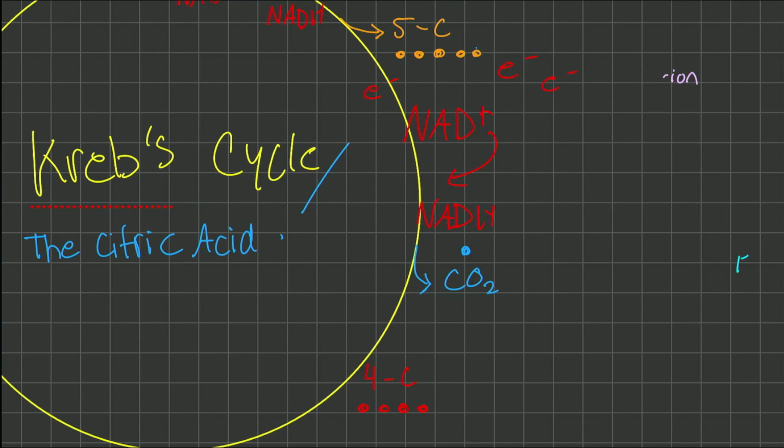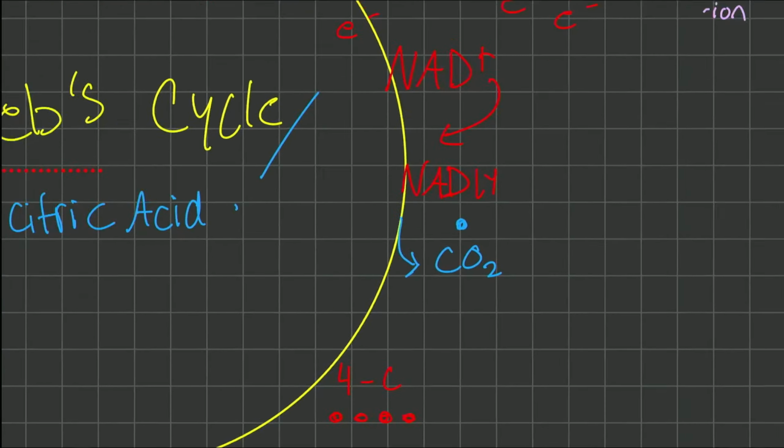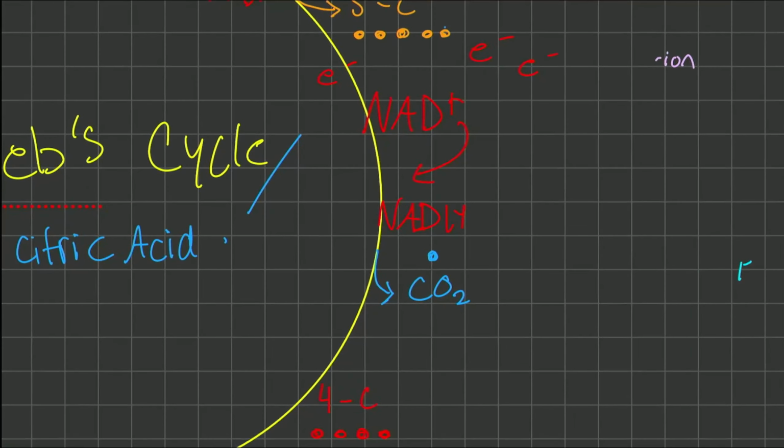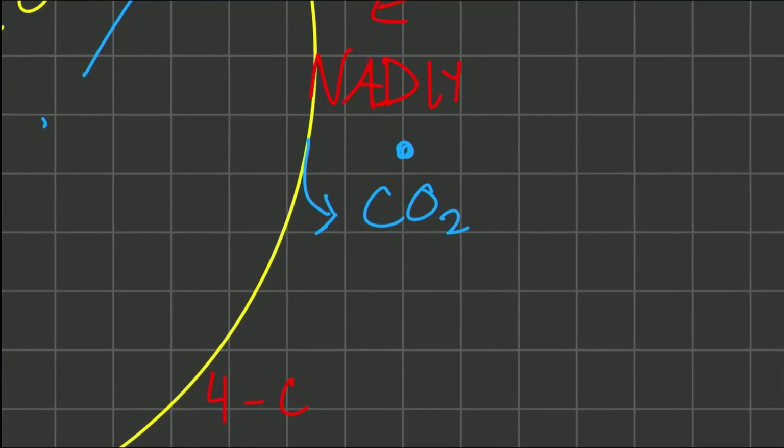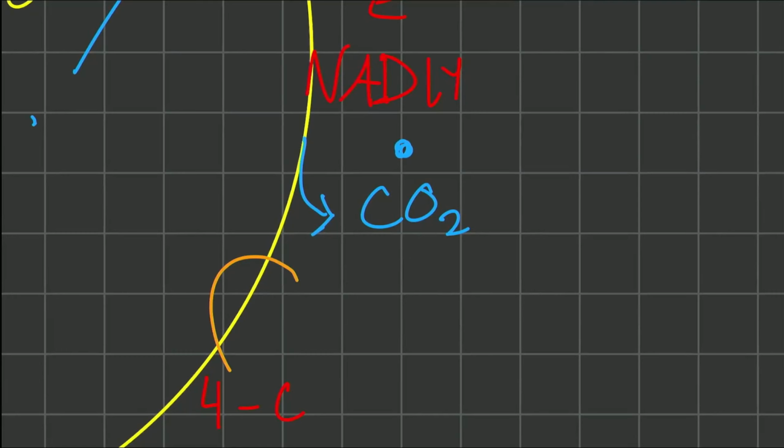And here's the cool part. This is the only part of the cycle where ATP is produced directly. So 1 ATP. What's going to happen when we oxidize this 5 carbon to our 4 carbon? This is the only part of the Krebs cycle where we actually generate ATP. So you're going to notice we're going to create ATP here. We're going to break down ADP plus our phosphate to turn into ATP.